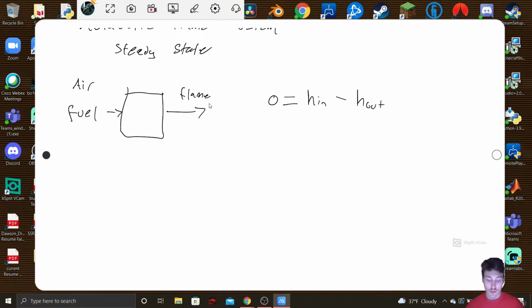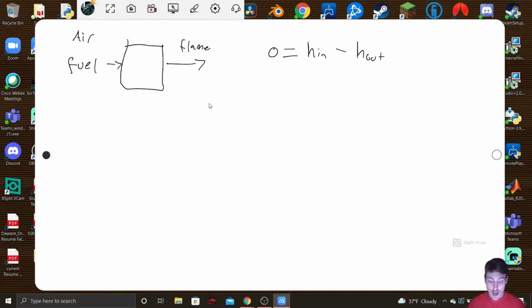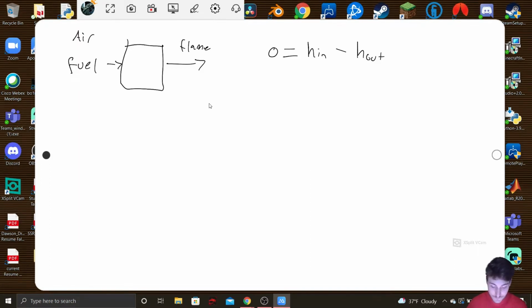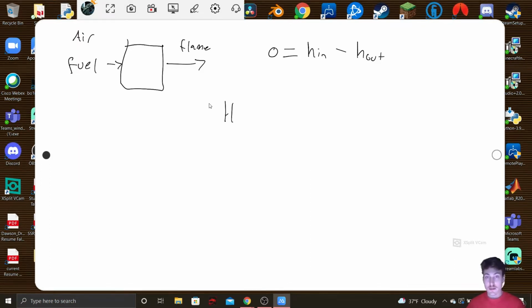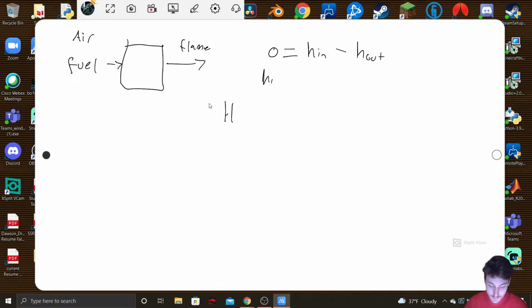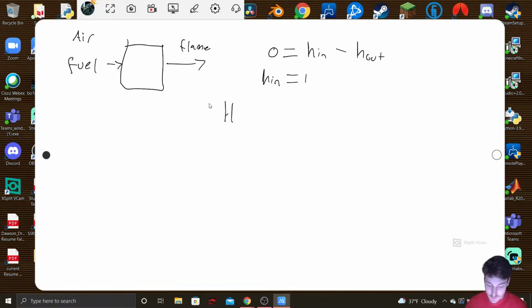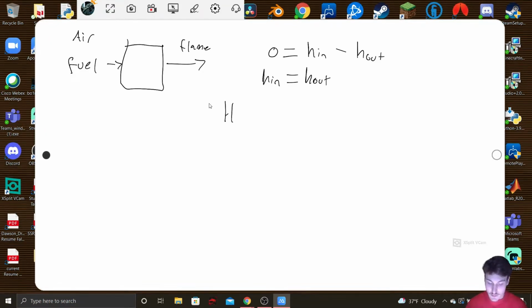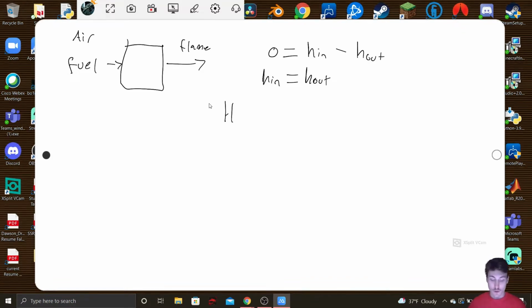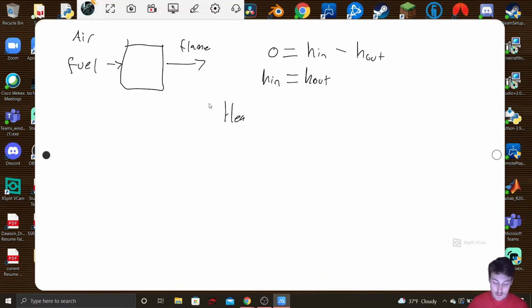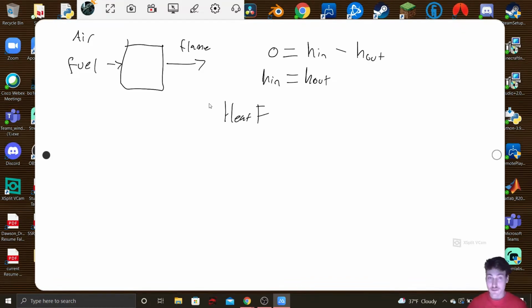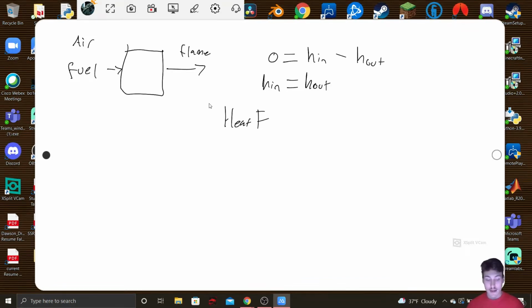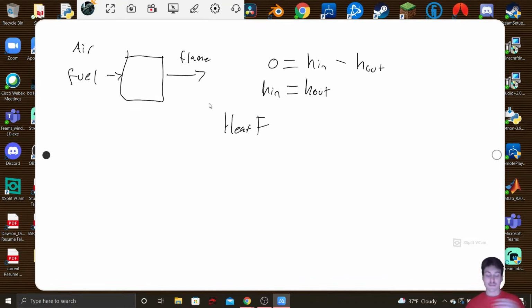So let me write this here for good measure: our enthalpy in is equal to our enthalpy out. Let me take a step back here.